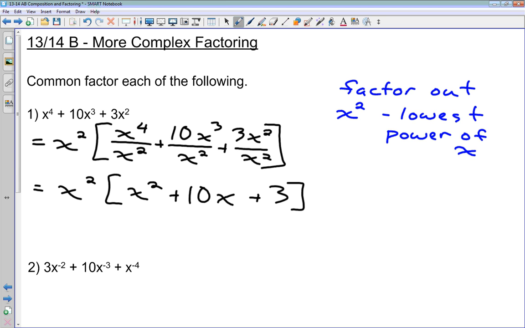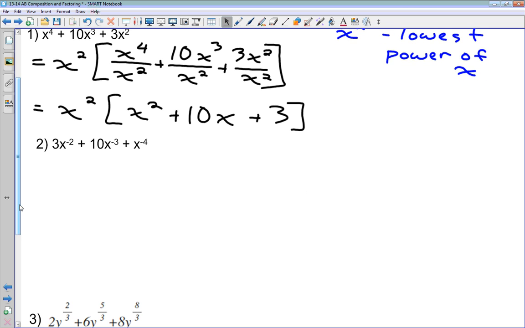So our next one here: 3x to the negative 2 plus 10x to the negative 3 plus x to the negative 4. We've got an x common to each one of these terms. So what can we factor out here? X to the negative 2.